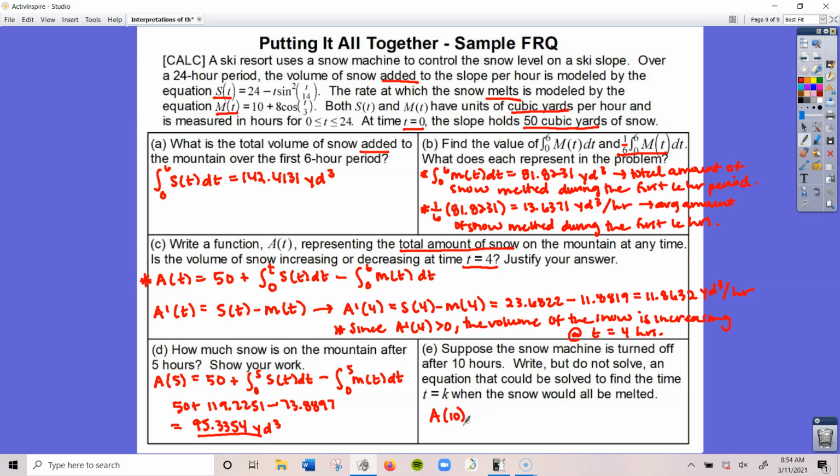So then we would take the amount of snow on the mountain at t is equal to 10, minus the integral from 10 to some value k of m of t dt. Because this would mean the total snow at t equal to 10, minus the integral from 10 to whatever time of the snow melting. So that's what this equation means. And that's it.